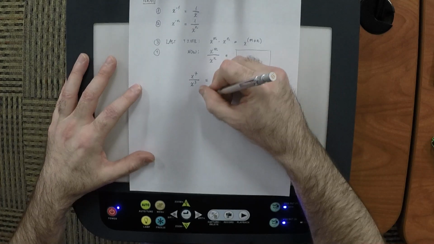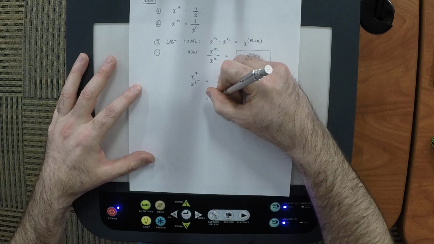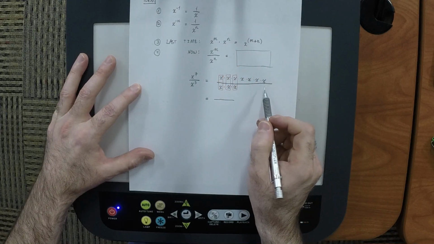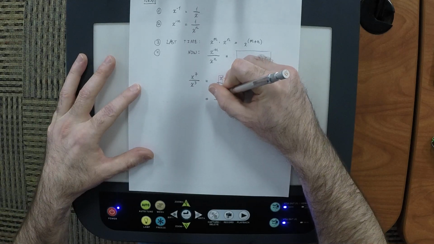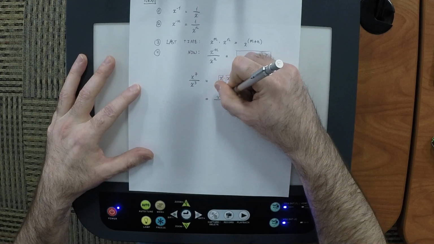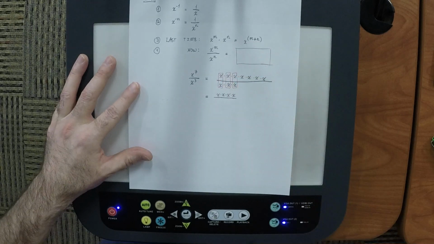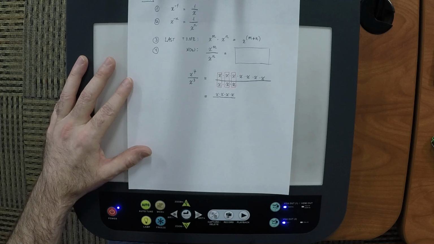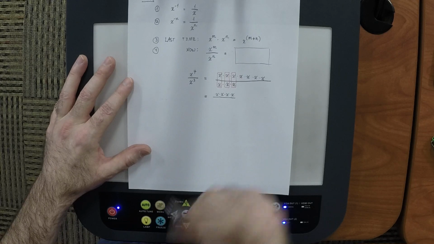So the result will be a fraction like this, and I can see that there are 4 x's left in the numerator, so I'll write x, x, x, x. But there are no x's left in the denominator, so what am I supposed to write? 1? Okay.